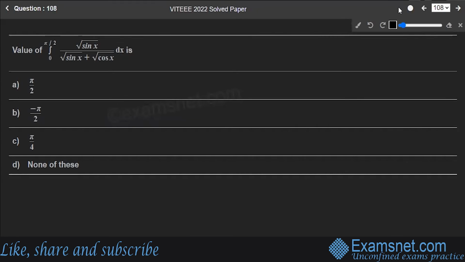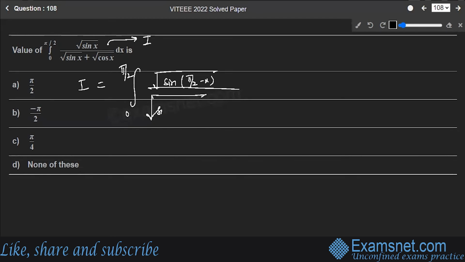Question number 108, the value of the integral of root of sin x divided by root of sin x plus root of cos x is equal to what? So here let's say this is equal to I. Then I is equal to the integral from 0 to pi by 2. I'm putting in the upper limit now. This is sine of pi by 2 minus x under the root, divided by this plus this.